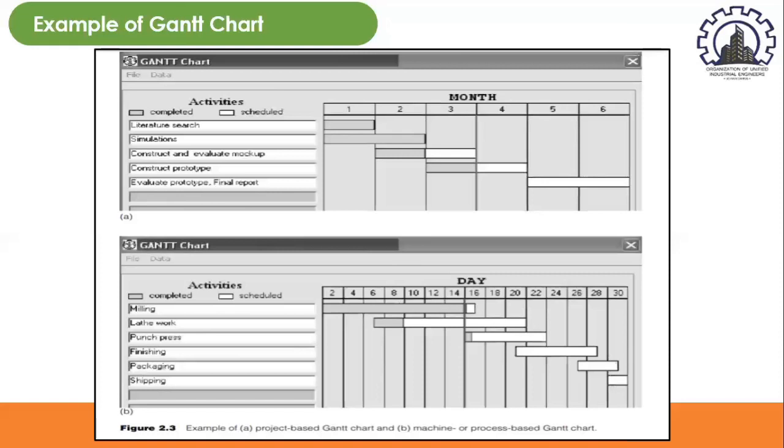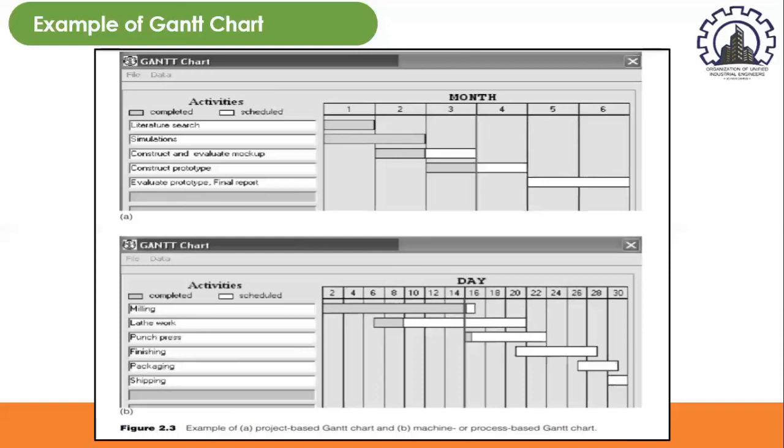Now, the Gantt chart can also be utilized for sequencing machine activity on the plant, meaning the machine-based chart can include repair or maintenance activity by crossing out that time period in which the planned downtime will occur. On the other hand, for figure 2.3b, in the job shop example, in the middle of the month, lathe work is behind schedule, right?